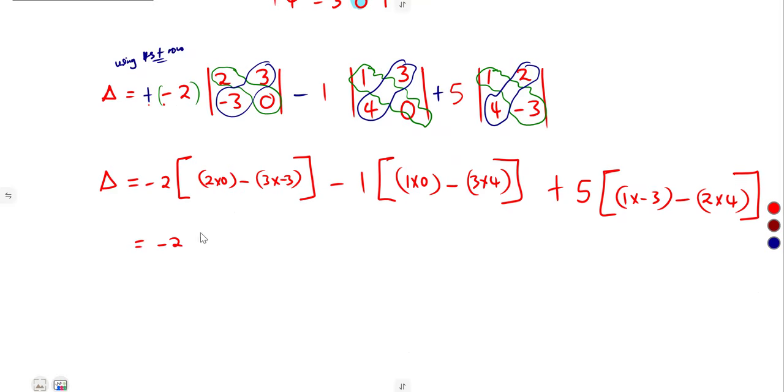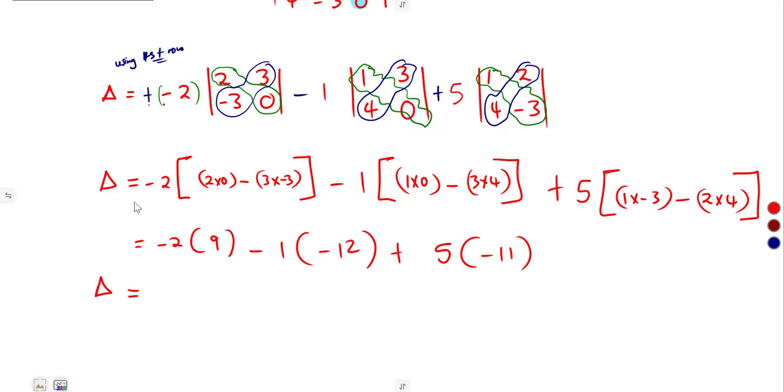But that was going to give us +9 at the end if you use your calculator properly. -1, you do the same, simplify this, 0 minus 12, which is -12, plus 5. You simplify the whole of this part, so it's -3 minus 8, which is -11. So this is the overall determinant that you're going to have if you evaluate this.